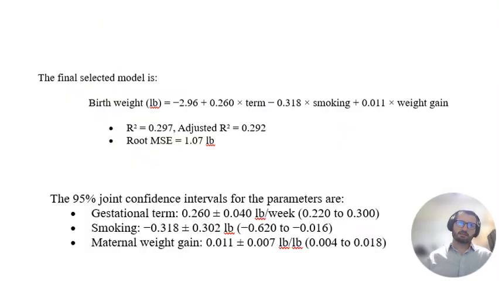So the final selected model was the original model, because it met all of the multilinear regression assumptions. Linearity was adequate based on the residual versus fitted and partial residual plots, and they didn't show any curvature. Error variance was well supported with the residual versus fitted and scaled location plots, and the modified Levene test resulted in a P of greater than 0.09 overall.